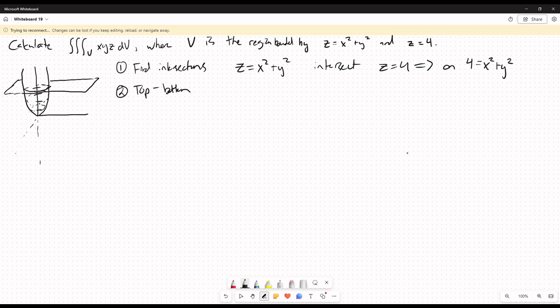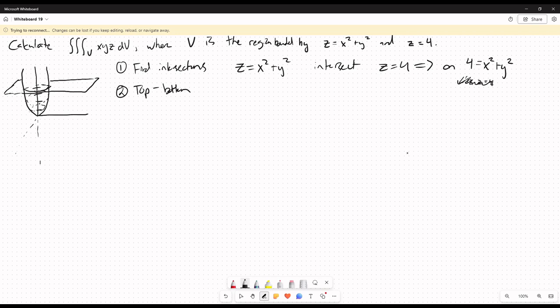Well, technically, that's not just a curve; it has a z coordinate of 4. But I don't really care, that part doesn't really matter. What really matters is that it's going to intersect when 4 equals x squared plus y squared. And that part's going to come up later.